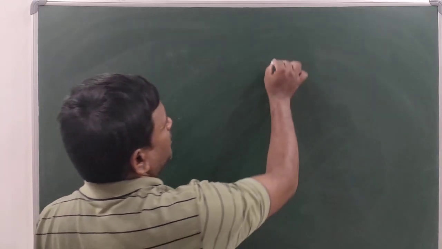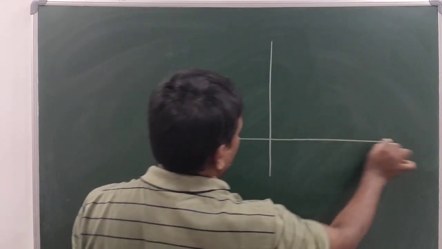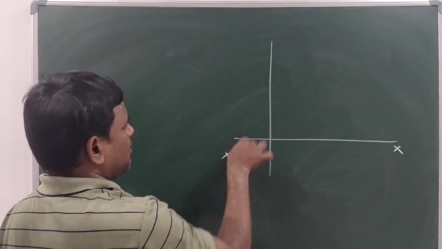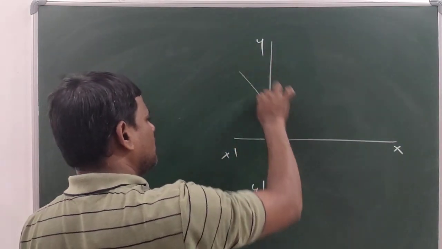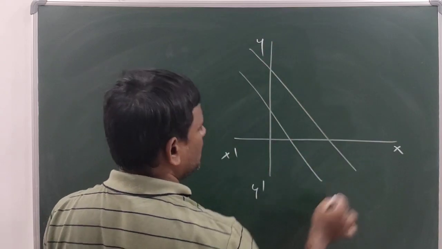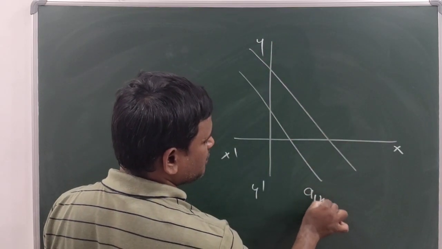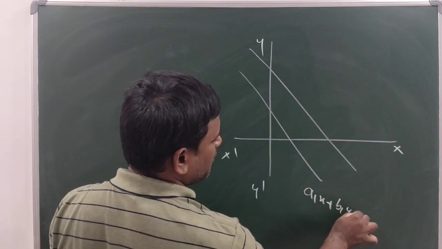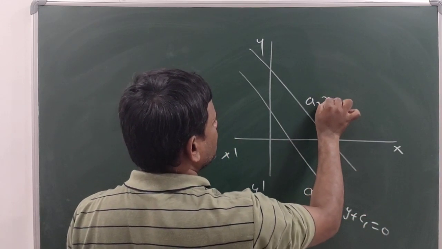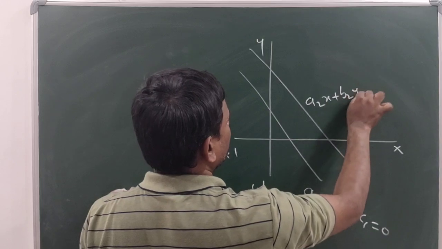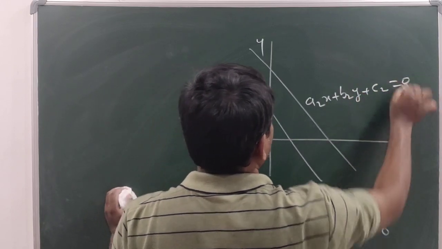Okay. See, observe that. There are 2 lines which are passing like this. Let us take whose equations a1x plus b1y plus c1 equal to 0, and a2x plus b2y plus c2 equal to 0.